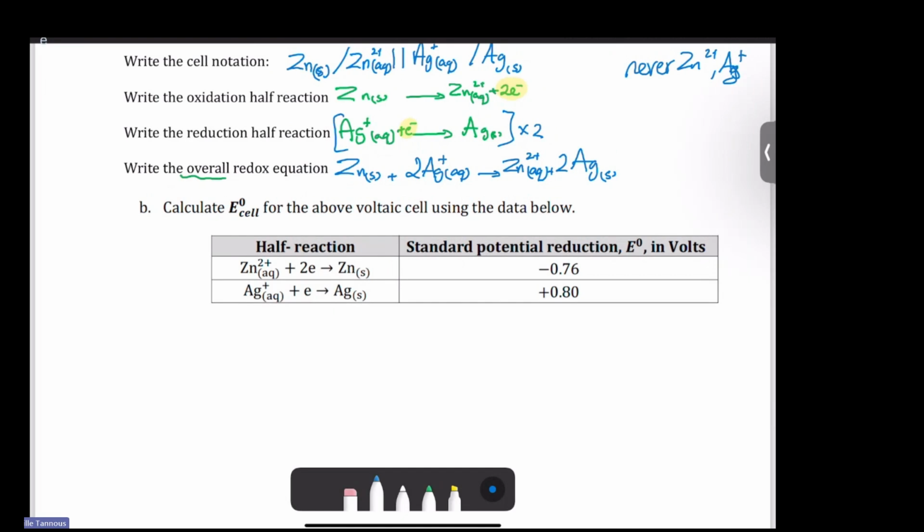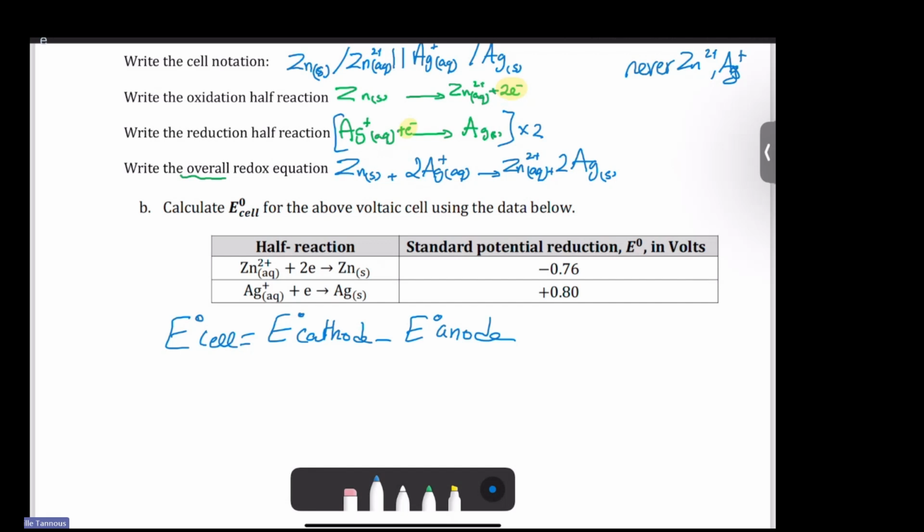Calculate the E cell of the above voltaic cell. The E cell formula is E cathode minus E anode, and most probably this formula will not be given. I'm just assuming, because before they never gave it.